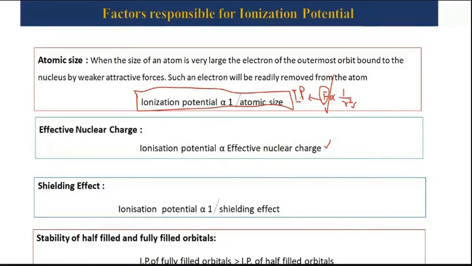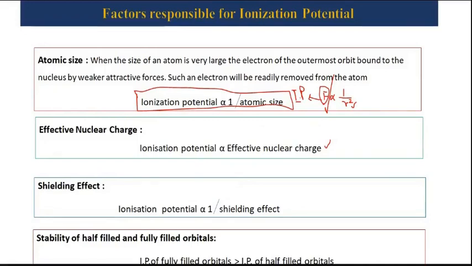So these 4 factors are responsible for deciding the ionization potential. One is atomic size, second is effective nuclear charge, third is shielding effect, and fourth stable configuration. So remember, in case of atomic size, ionization potential has an inverse relation with atomic size, means if the atomic size will be more, ionization potential will be less. I told you why, because force of attraction कम हो जाता है। Second thing is effective nuclear charge.